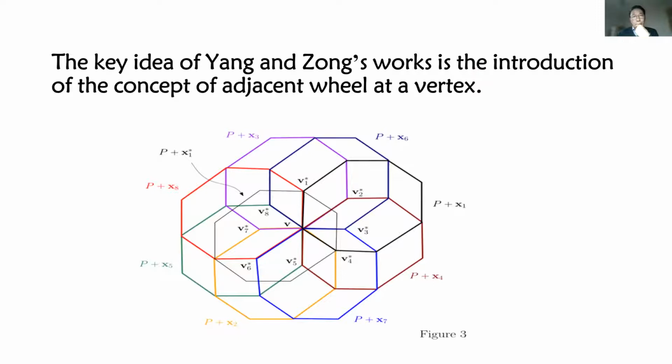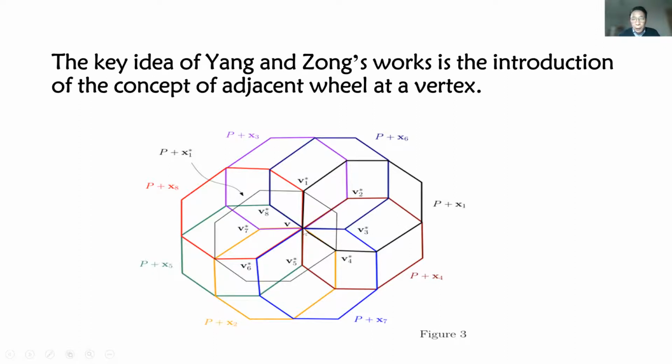The proof is in fact relatively technical. As one can imagine, we have to work at the vertex, so we introduce a concept with the name adjacent wheel. I also use a colorful picture here, though maybe it is still very confusing to see. We look at the vertex V here. This is our working point, and we start from P plus X1.